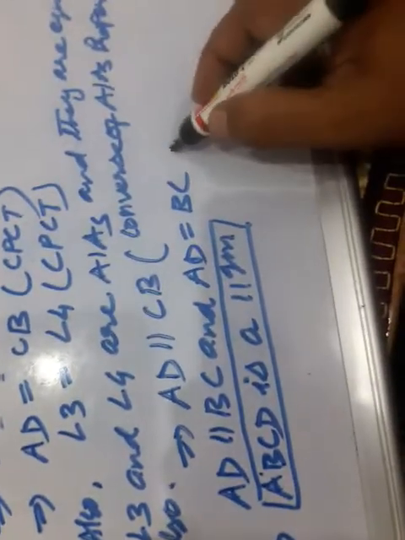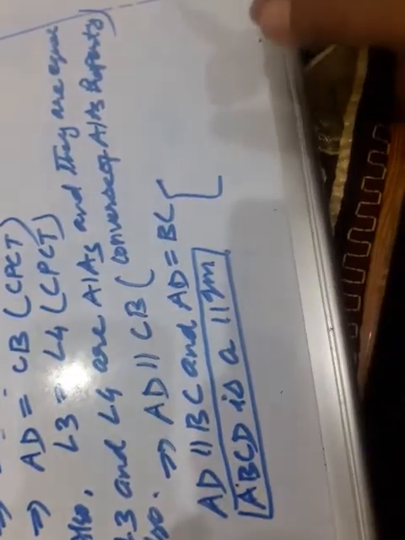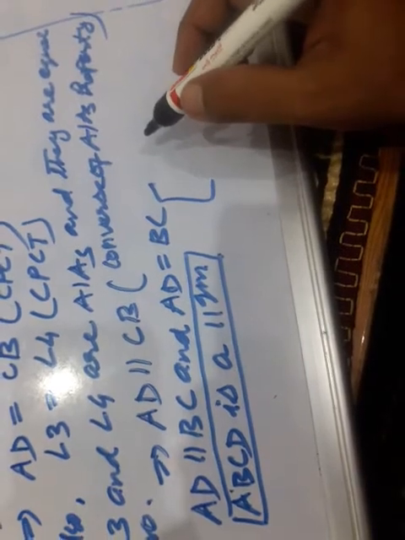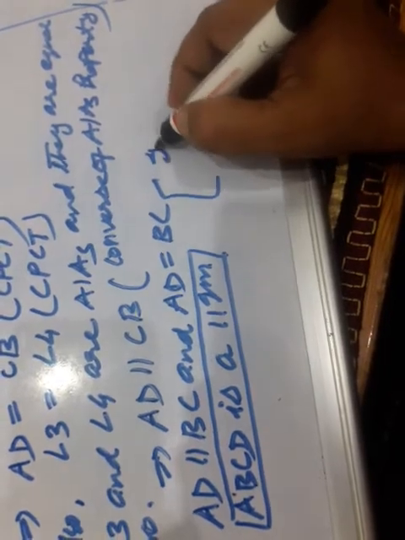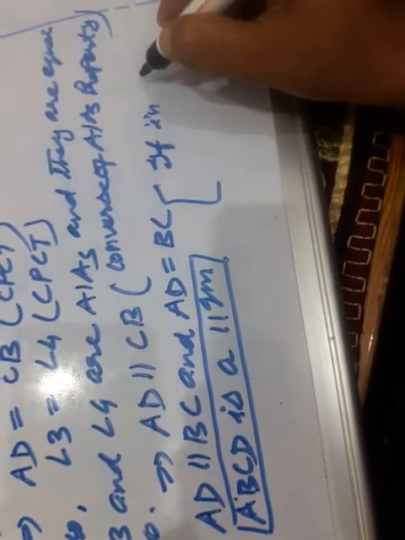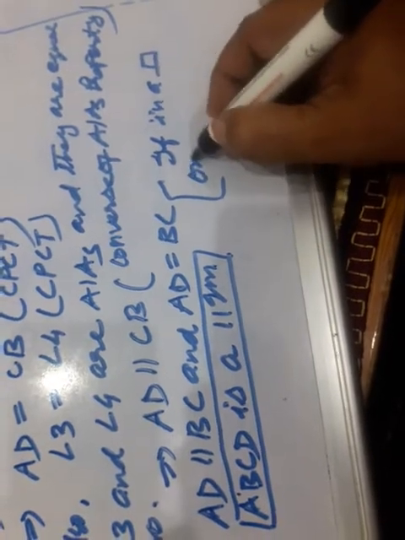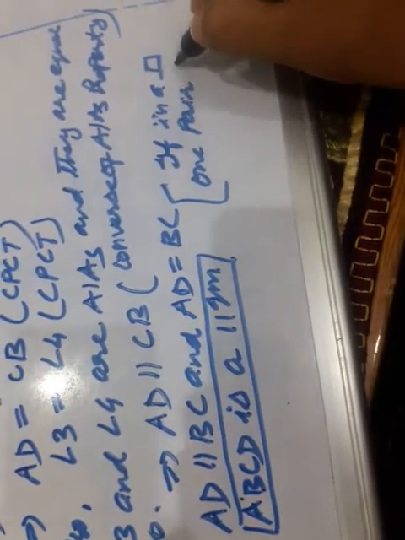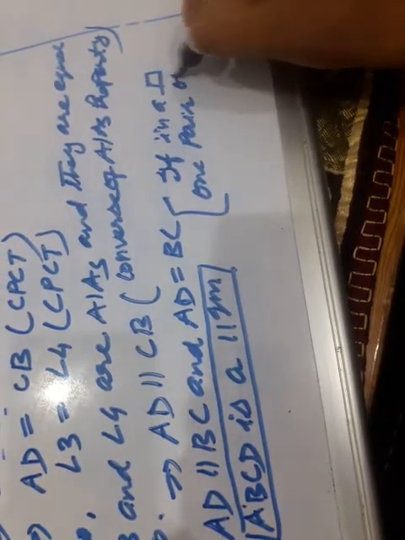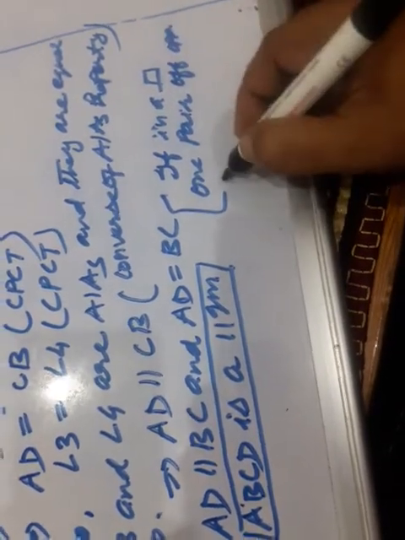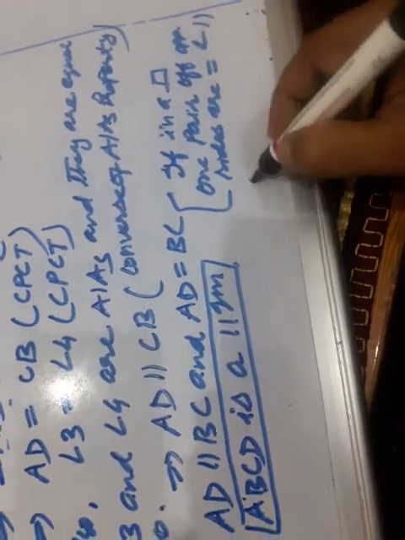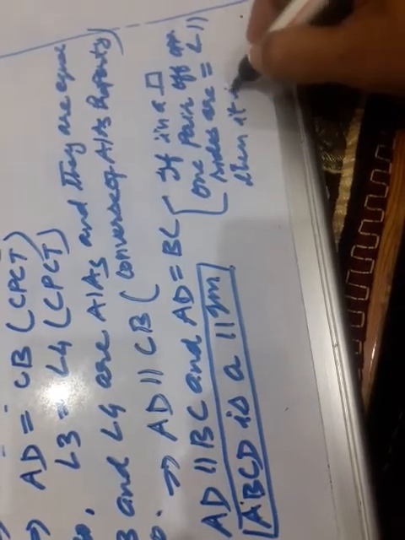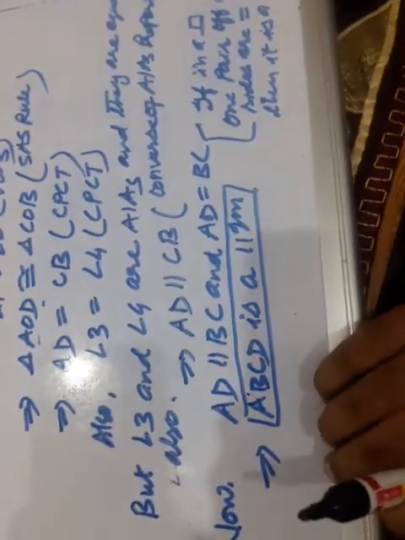What is the rule? If in a quadrilateral one pair of opposite sides are equal and parallel, then it is a parallelogram. This is the theorem. Okay children, now ABCD is a parallelogram.